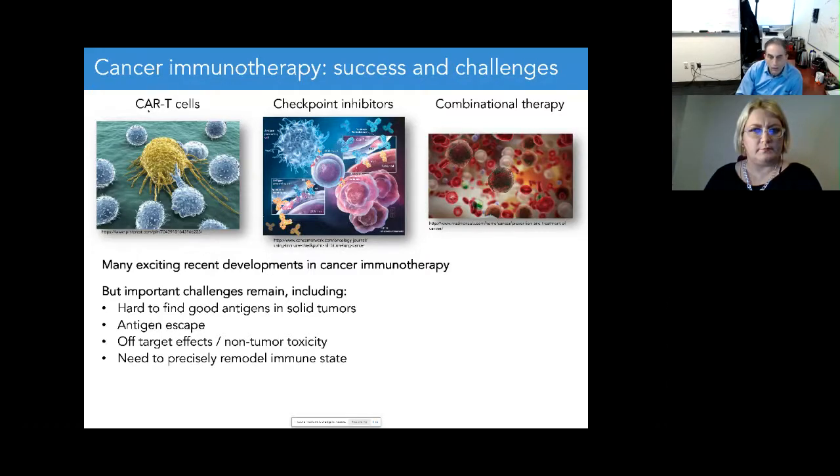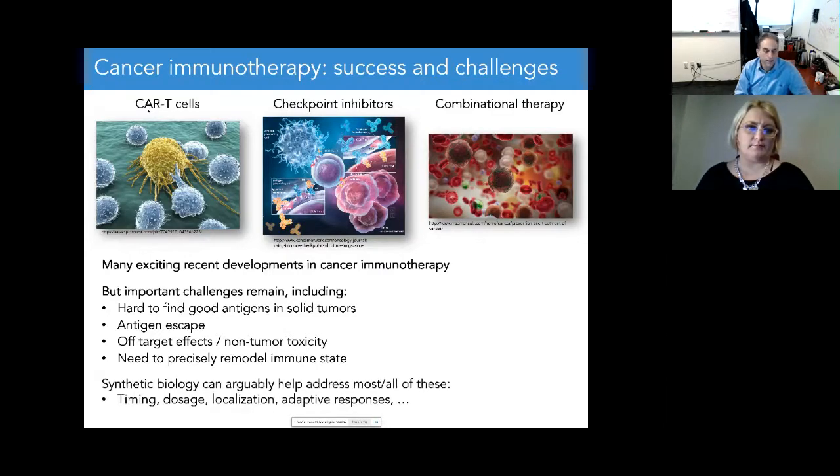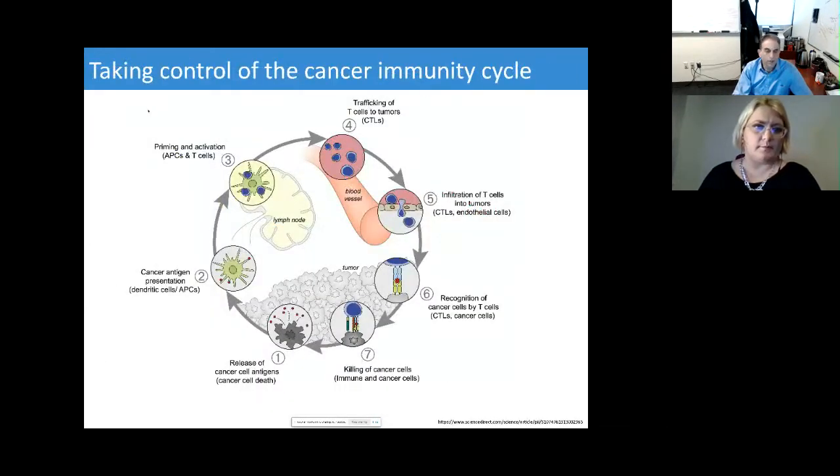How can we deal with mutations that happen in these tumors? My argument is that synthetic biology can really help address many of these challenges by controlling the timing, the dosage, and the localization of these types of therapeutic responses. So let me discuss a couple of vignettes.